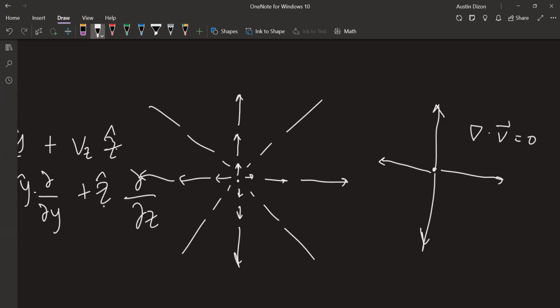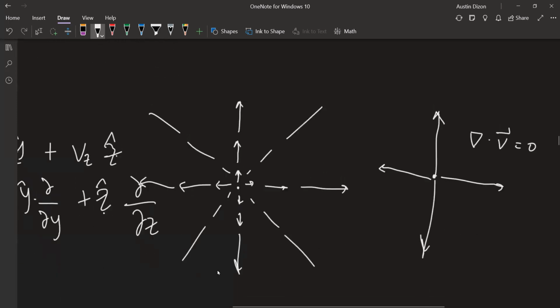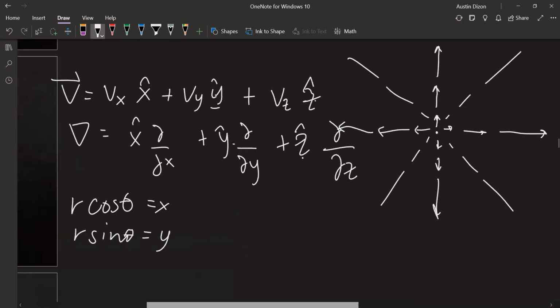Like the word itself, divergence means there is a diverging factor that grows or shrinks as you go along.